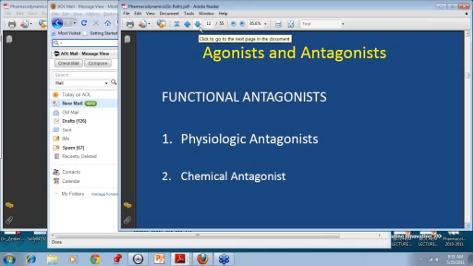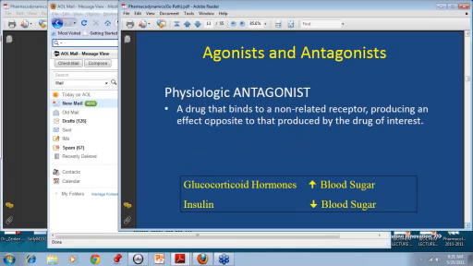They mean the same thing, but you have to appreciate that when we talk about physiological antagonists, we're talking about a function of a naturally existing compound or a hormone. So that's the case we are dealing with. A drug that binds to a non-related receptor producing an effect opposite to that produced by the drug of interest.